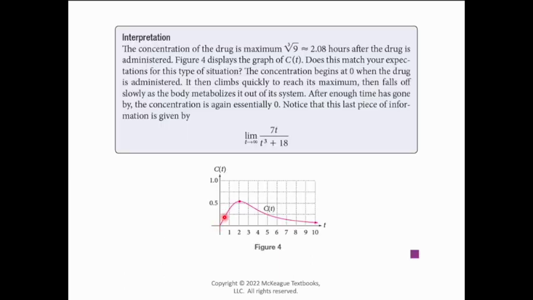If we look at the graph, we have this shape here. Since we're looking at this over the interval greater than or equal to 0 for time, we're going to keep going out this way for our interval, but we're going to start at 0. As you can see, 0 is our absolute min.